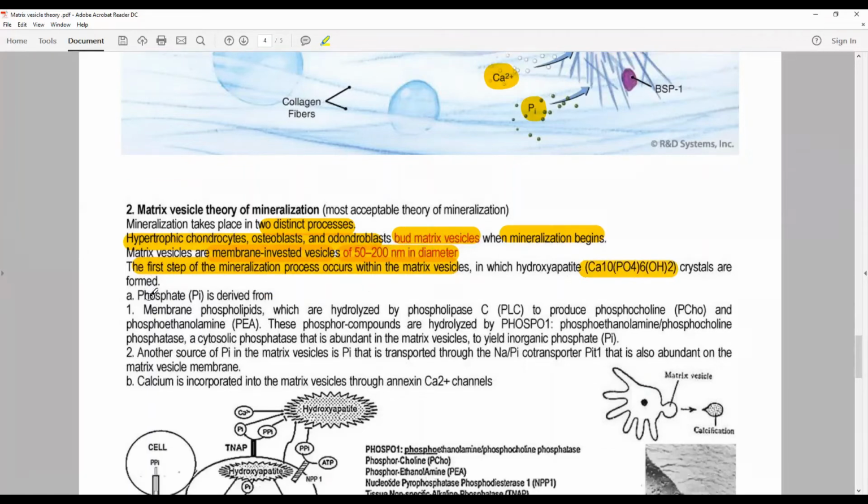The inorganic phosphate is derived from membrane phospholipids, which are hydrolyzed by phospholipase C to produce phosphocholine and phosphoethanolamine. These phospho compounds are hydrolyzed by an enzyme called PHOSPHO1, a phosphoethanolamine and phosphocholine phosphatase, that is within the matrix vesicle, to yield inorganic phosphate.